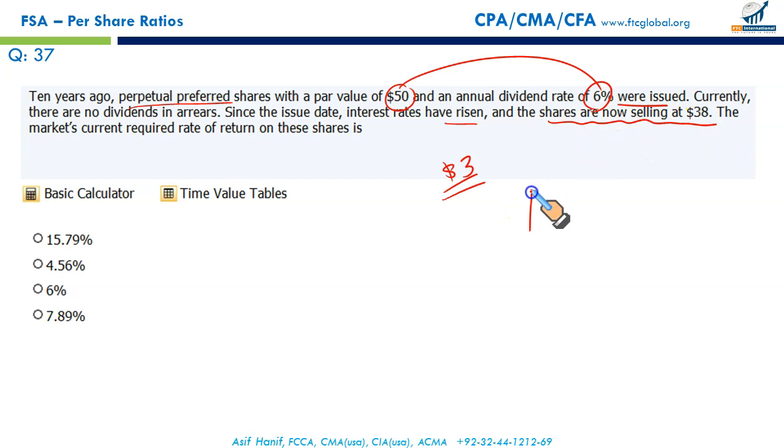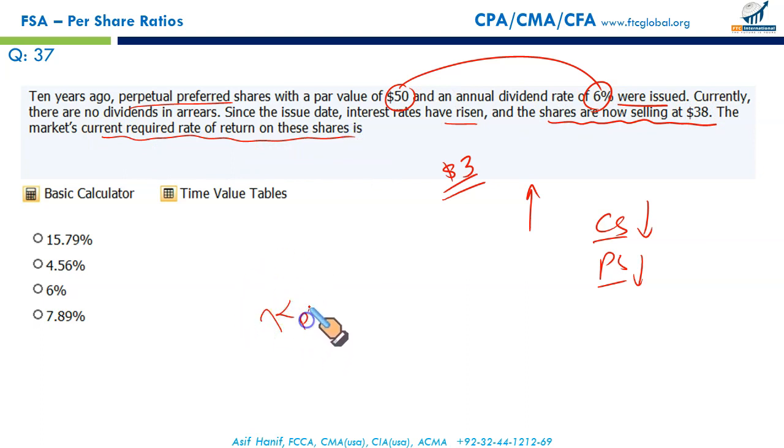Whenever the interest rate goes up, the common stock and the preferred stock prices fall. The reason is the money flows towards the bonds and fixed income, and that's why the market price of common and preferred stock falls. So it falls from 50 to 38. The market's current required rate of return on these shares is going to be the cost of preferred stock, or the required rate of return on these preferred stock is dividend upon the current market price. Dividend is $3.